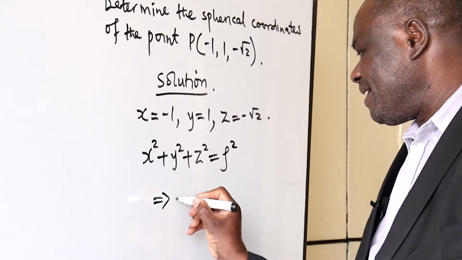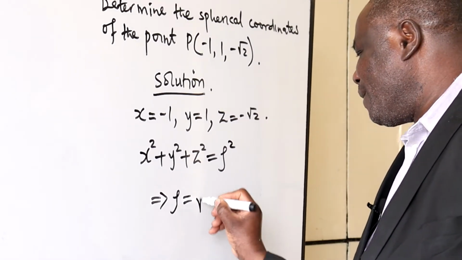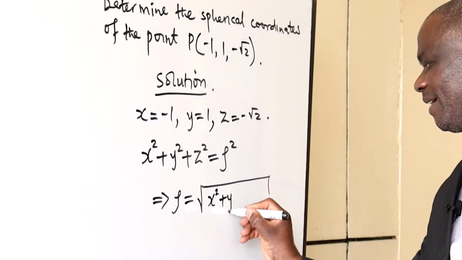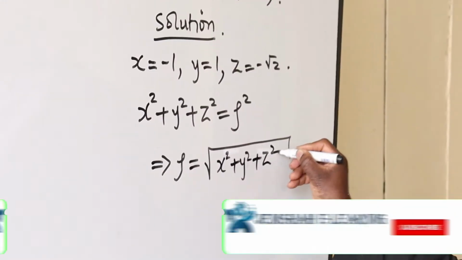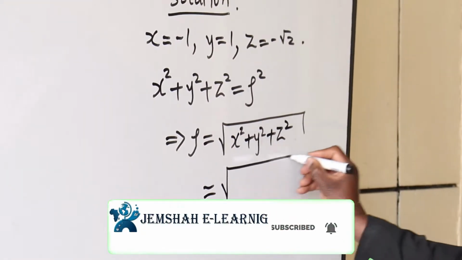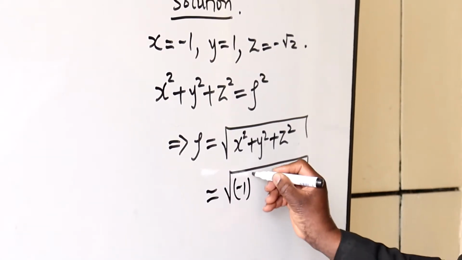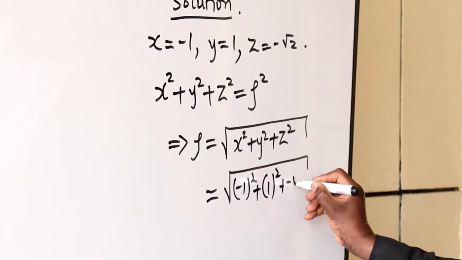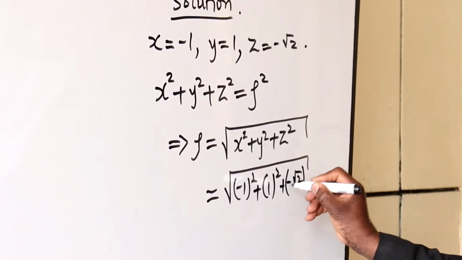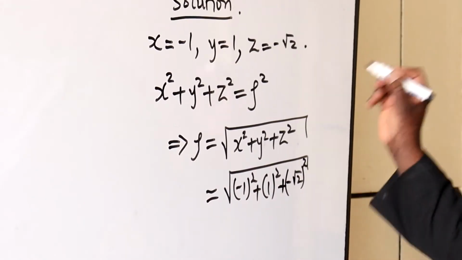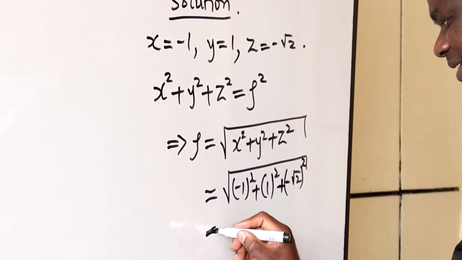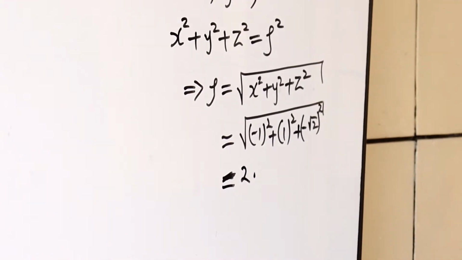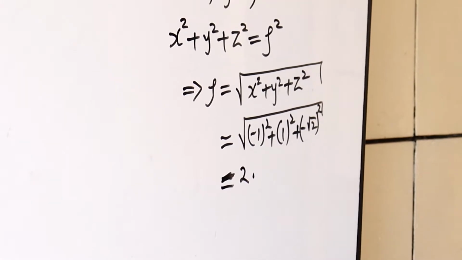This implies rho will be equal to the square root of x squared plus y squared plus z squared, which is the square root of negative 1 squared plus 1 squared plus negative root 2 squared. When evaluated, that gives us 2. So our rho is equal to 2.